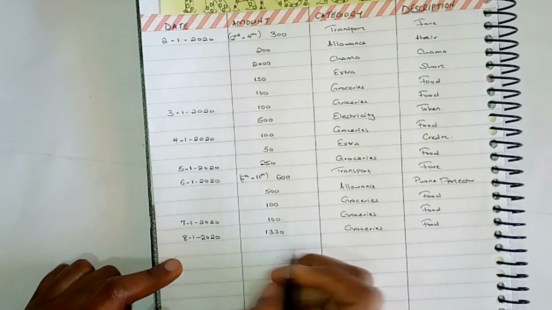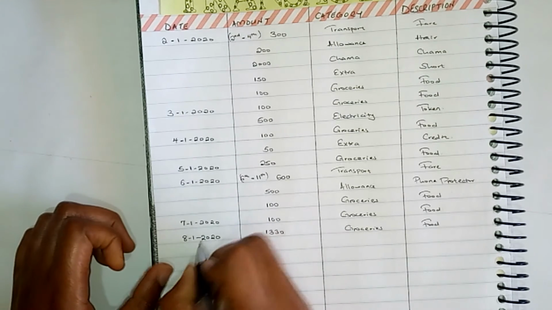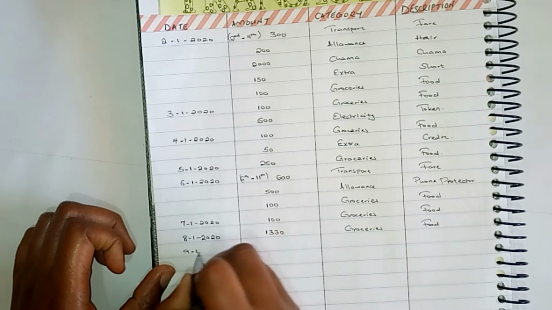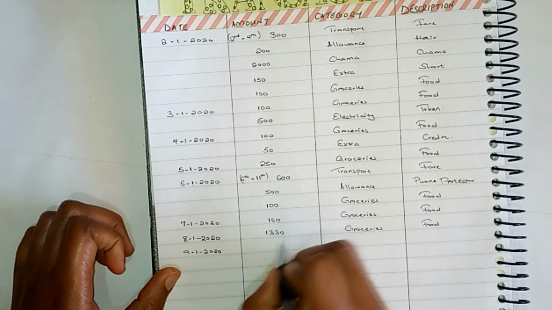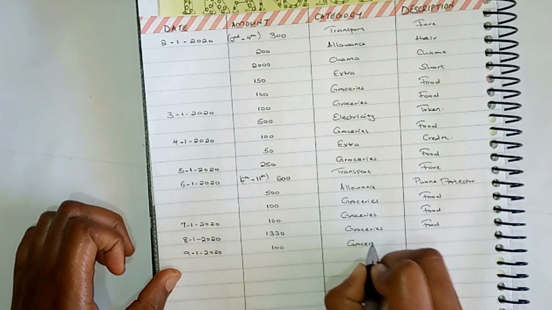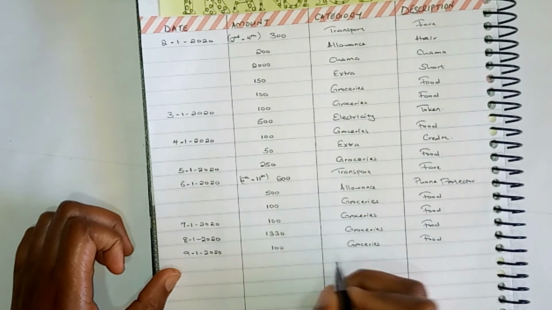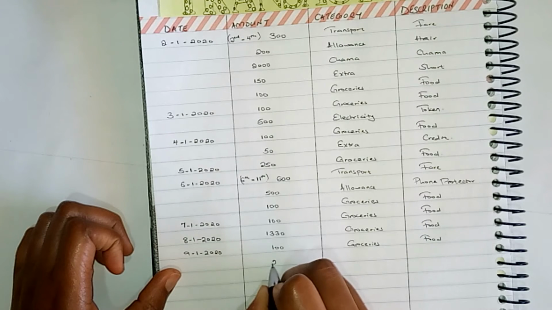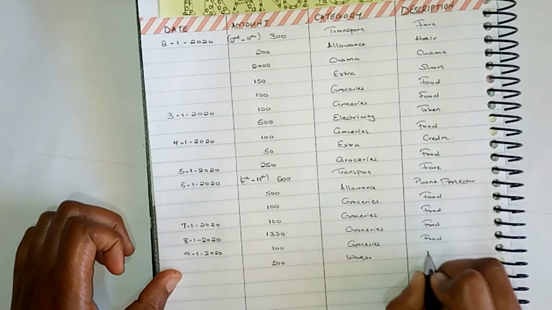On the 9th was the day that I had the most transactions, apart from the 2nd of this month. So there was groceries, of course. And then I paid 200 for water. That was a bill.